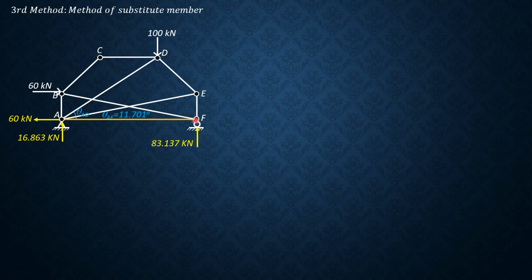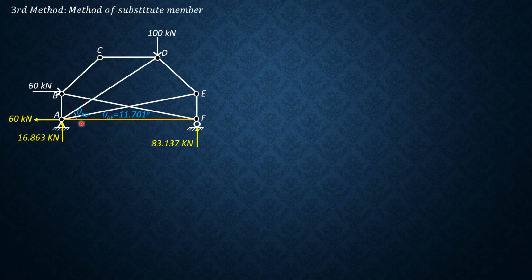If you coincide that member with another member, you might forget that there are two members attached to those joints. So it's best if you can transfer it to another joint where there is no member present. Actually, you can also substitute CF with DF if you want, but DF is inclined, so the best member would be this member AF because it is horizontal.